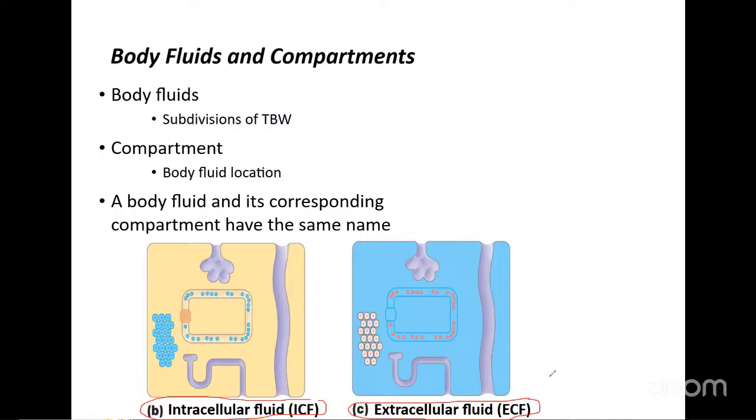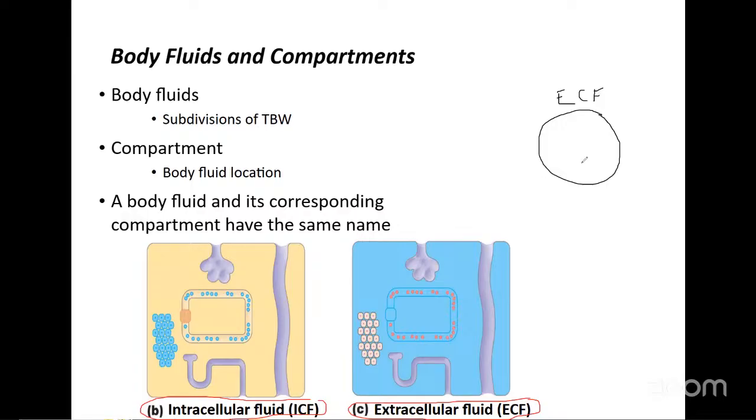This is abbreviated ECF. When I'm drawing cells later, I draw a little circle and write ECF outside, I'm telling you that's the extracellular fluid. There's water, ions, and other stuff outside that the cell is suspended in.